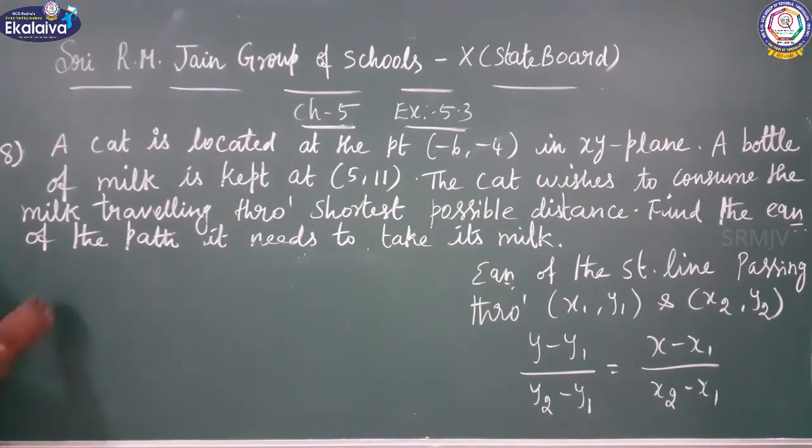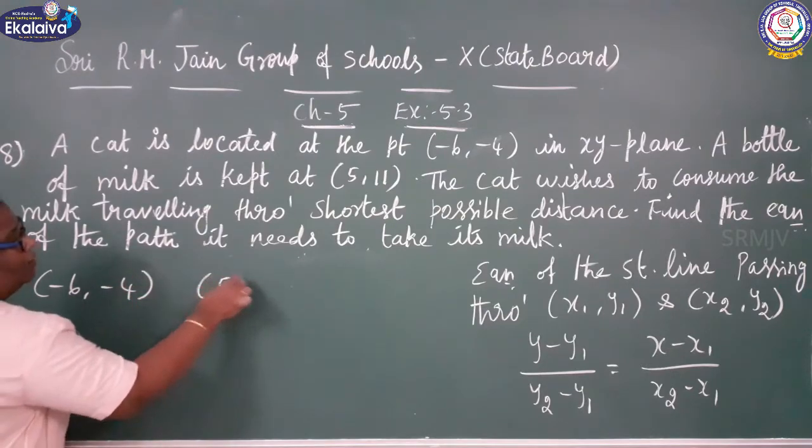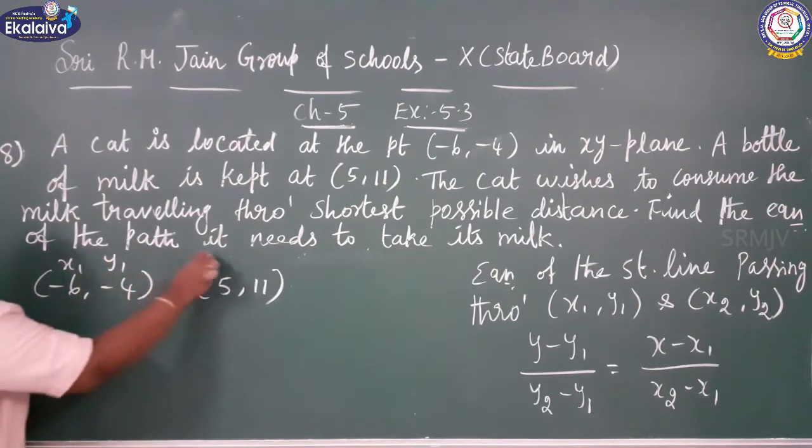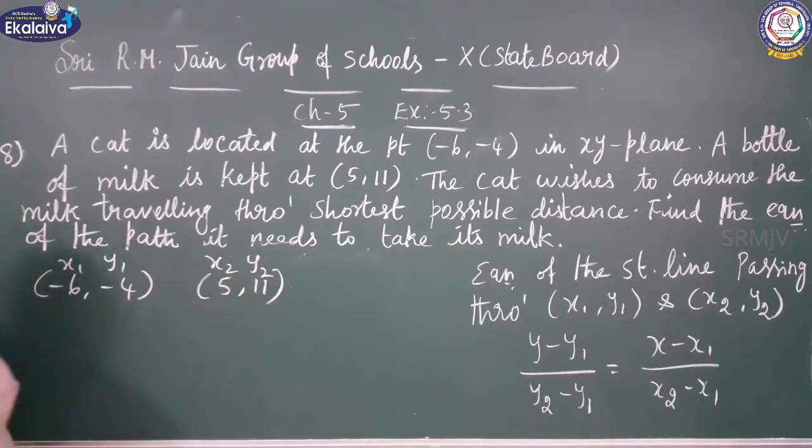So the points are minus 6 comma minus 4 and 5 comma 11. This is x1, y1, x2, y2.